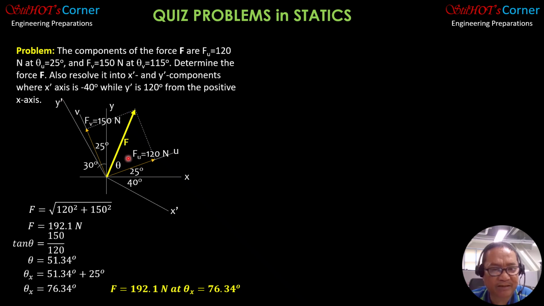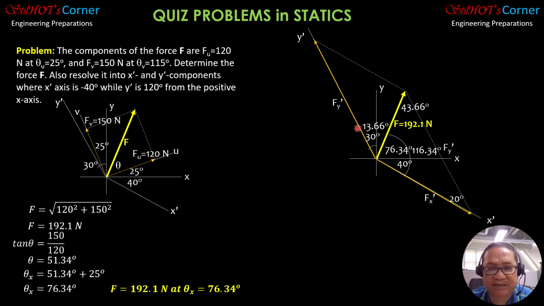To do that, let's draw the force with magnitude and let's also draw the x prime and y prime axes. So this is the situation. This is Fx prime, that's Fy prime. This is the parallelogram, and that's the force of magnitude 192.1 newtons, making an angle with the x-axis of 76.34 degrees.